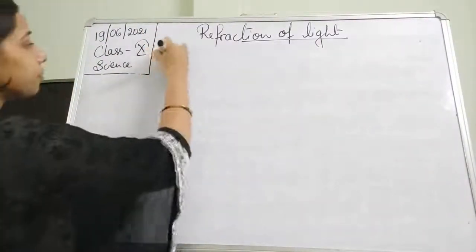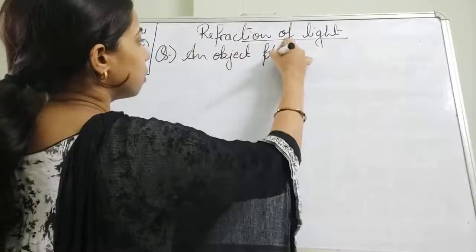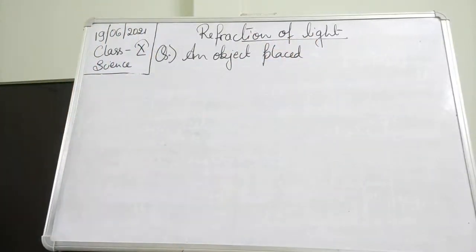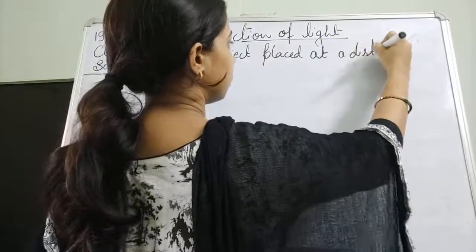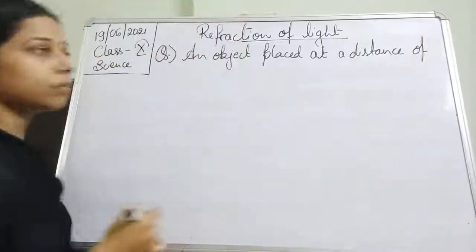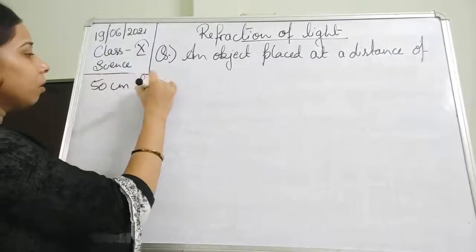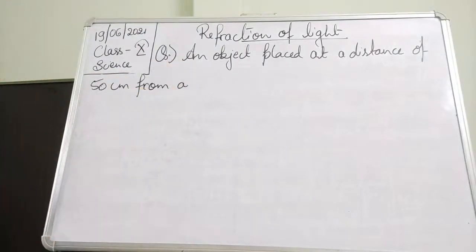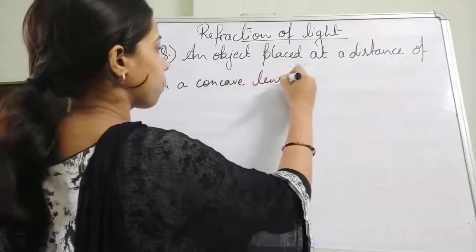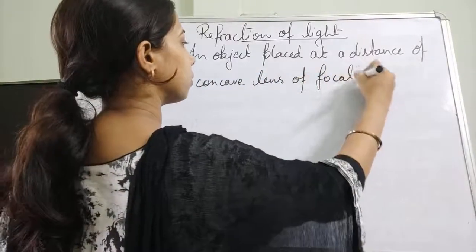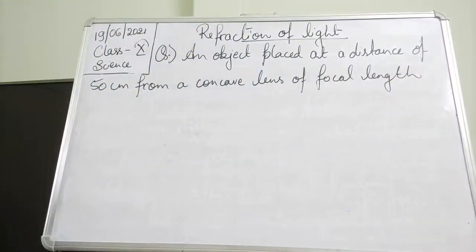Question is, an object placed at a distance of 50 centimeter from a concave lens of focal length 20 centimeter.